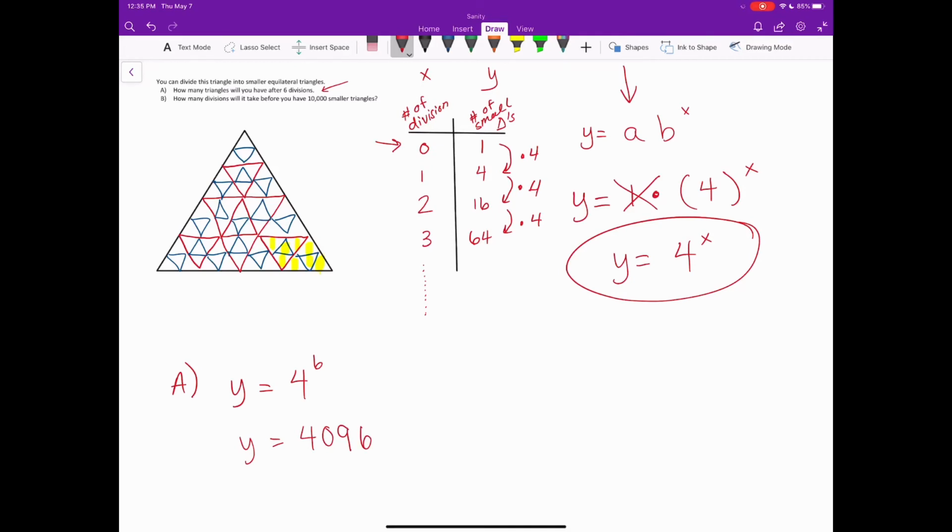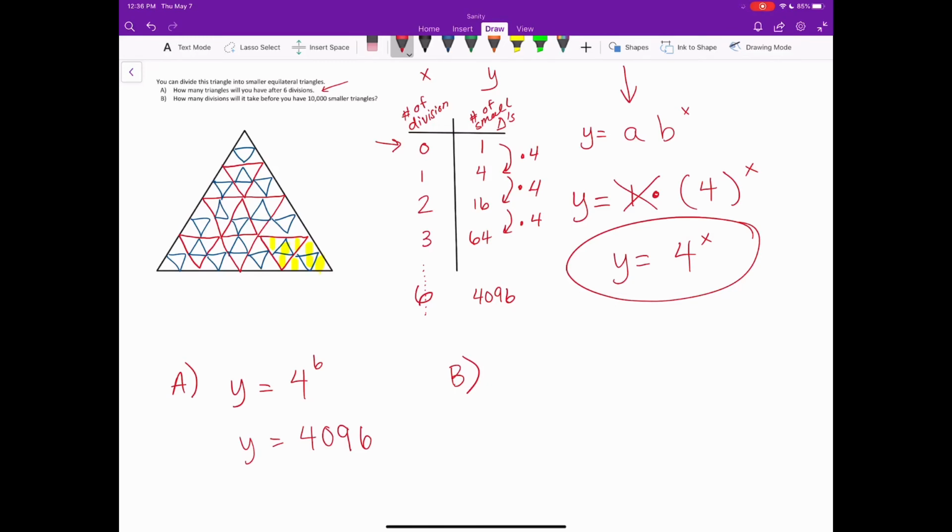So after 6 rounds of cutting all these triangles up, I would have 4,096. I'm glad we didn't actually do that, and we could actually find some math instead of physically counting 4,000 triangles. Part B now. It asks, how many divisions will it take before you have 10,000 smaller triangles?